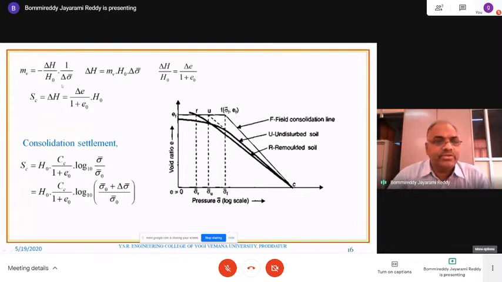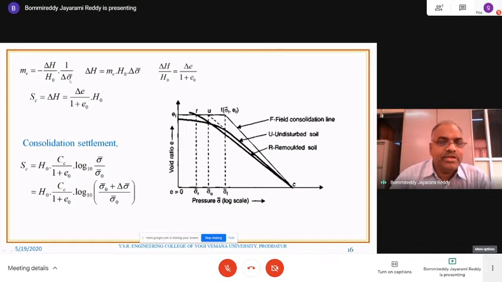You can see MV equal to delta H by H naught into 1 by delta sigma. So that means the change in the thickness of the soil mass, delta H equal to MV H naught delta sigma. That can be found from the equation. Or otherwise, delta H by H naught is already delta E by 1 plus E naught.